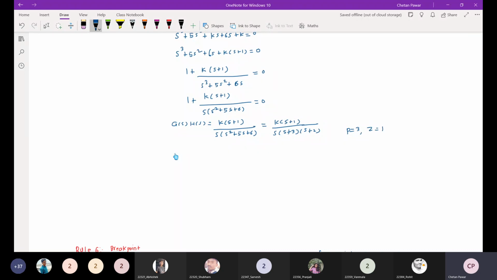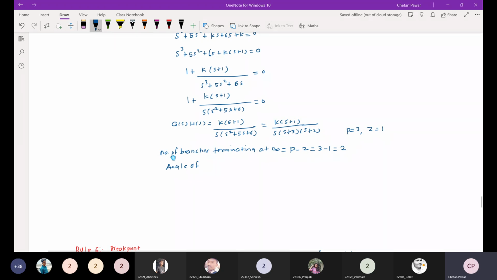The number of branches terminating at infinity will be poles minus zeros, 3 minus 1, that is 2. Now we need to find the angle of asymptotes. So there will be 2 asymptotes, right?